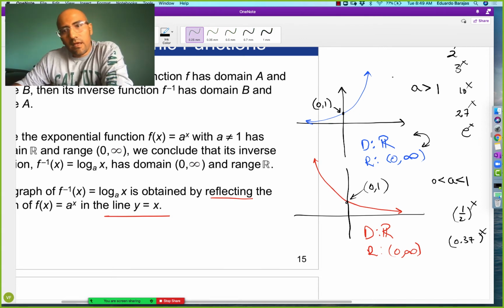If we think about the line y equals x, which is this little dotted line here, then its mirror image about that will be the log function, and its mirror image is going to have a shape that looks like this. Right? These two are mirror images of each other. So this is going to be the function log base a of x, as long as a is bigger than 1.